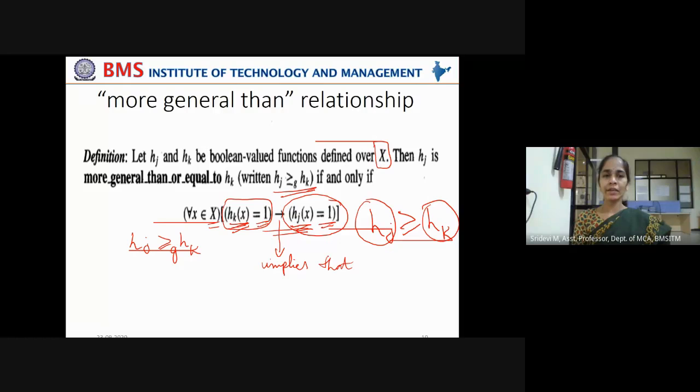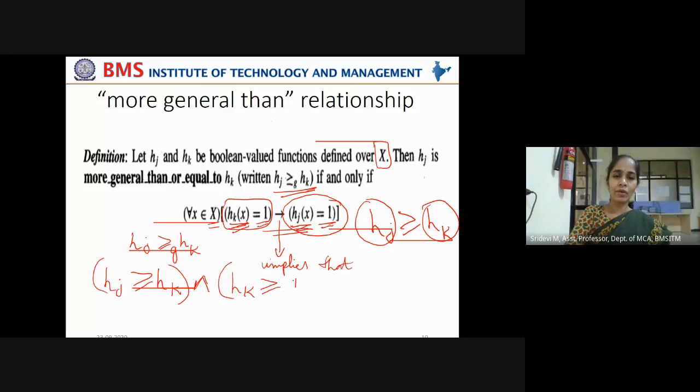If Hj is strictly more general than Hk, means it is not equal to Hk. In that case, how can I write? Hj is more general than or equal to Hk and Hk is not more general than or equal to Hj. Got it? Means Hj can be more general than Hk, but Hk will never be more general than Hj, or even equal to Hj.